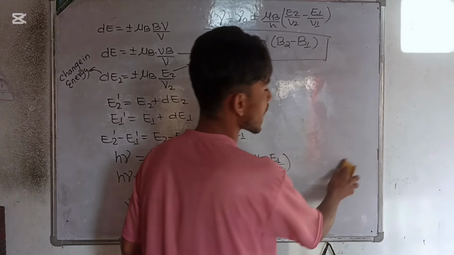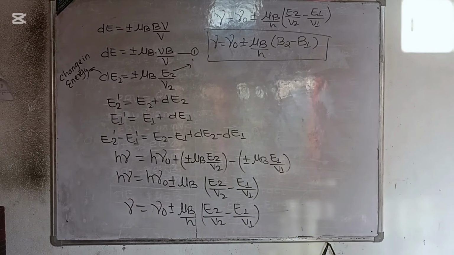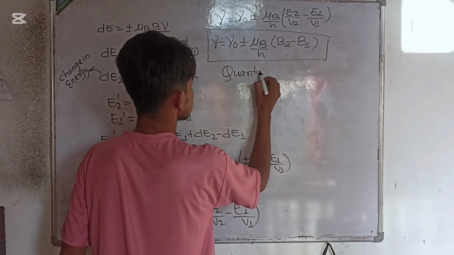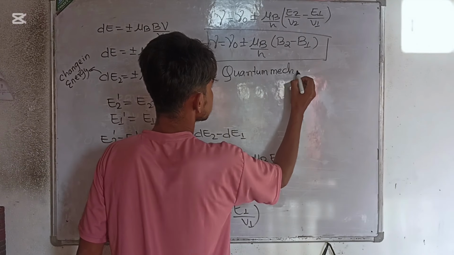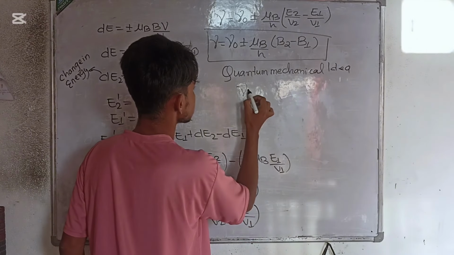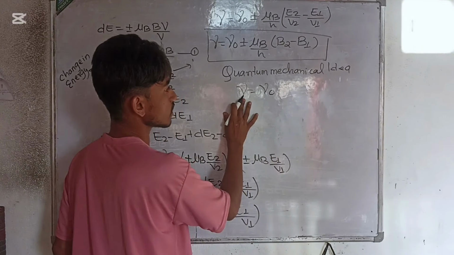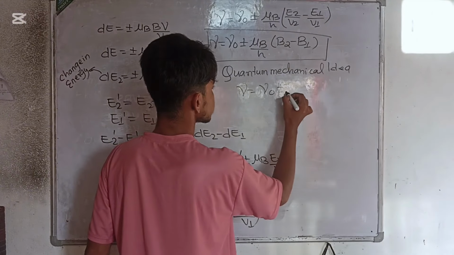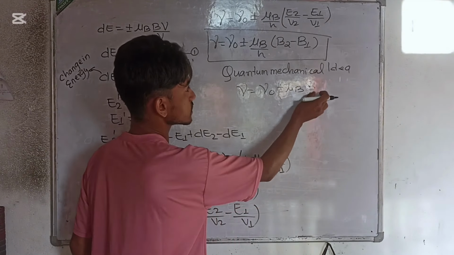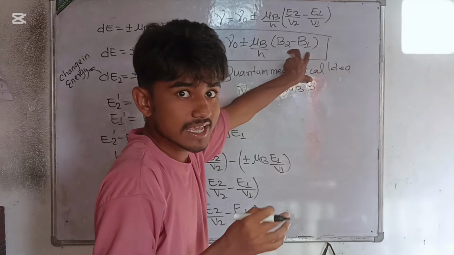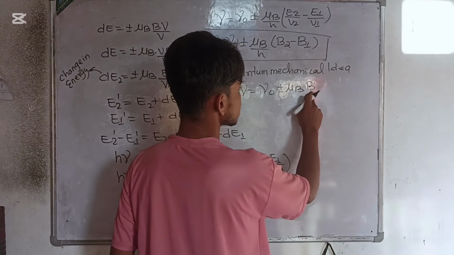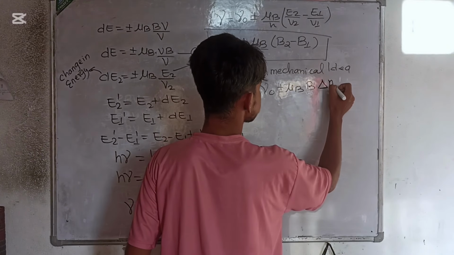So I am comparing my idea with the quantum mechanical idea. The quantum mechanical idea also relies on the same fact. The nu of the photon equals nu naught plus minus mu b times the magnetic field. This is not the applied magnetic field here; this is the equivalent magnetic field, please. And this is the applied magnetic field according to the quantum mechanical idea, and this is delta ml.